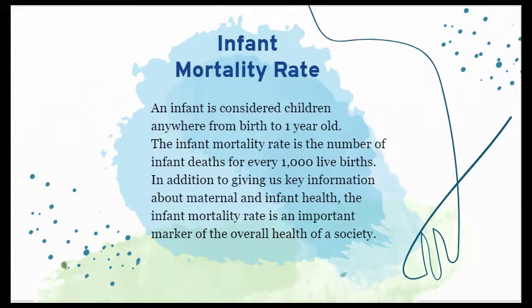In addition to giving us key information about maternal and infant deaths, the infant mortality rate is an important marker of the overall health of a society. So, an infant, anywhere from being born to 1 year. Now, infant mortality is the amount of infants who die per 1,000 live births.